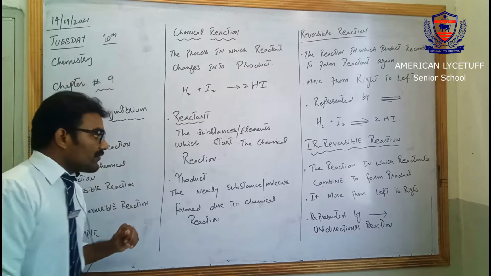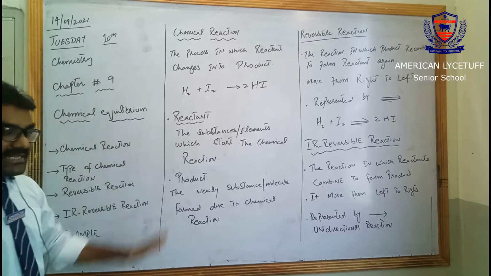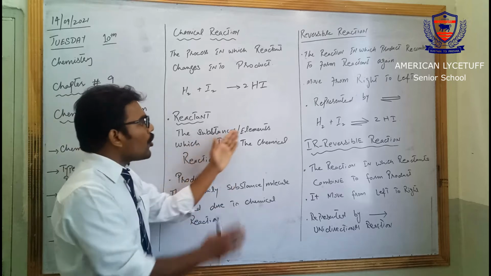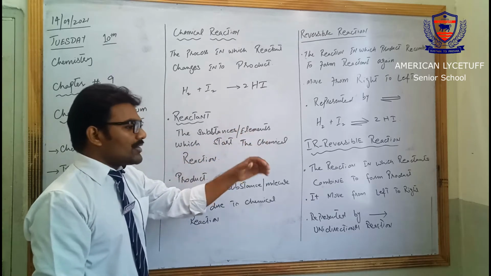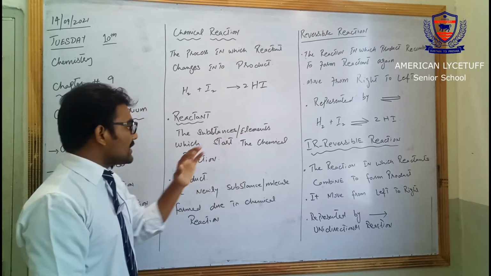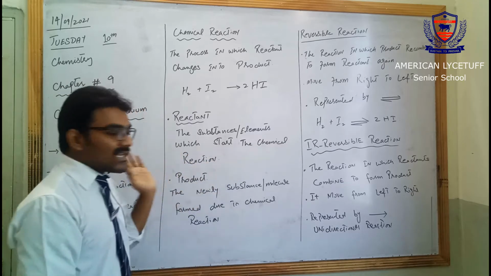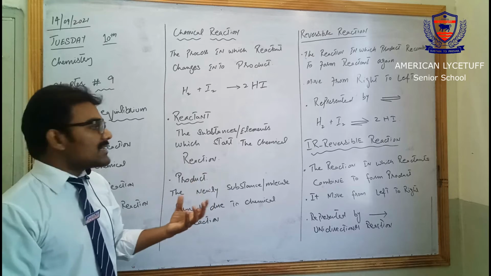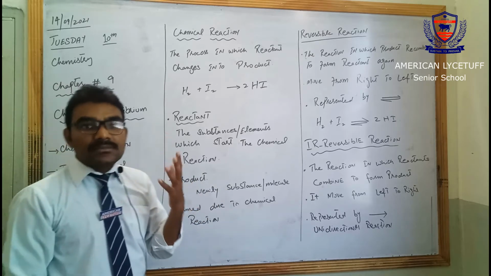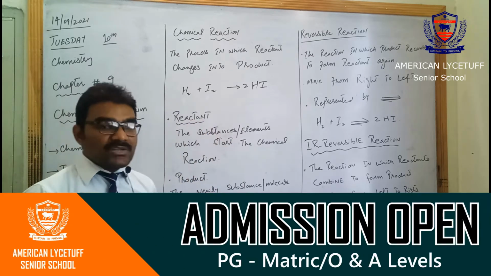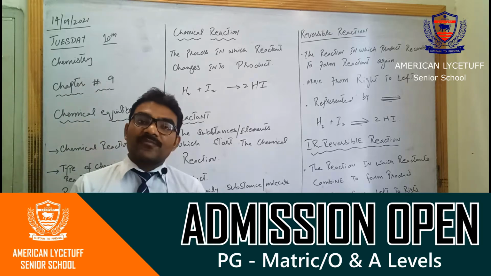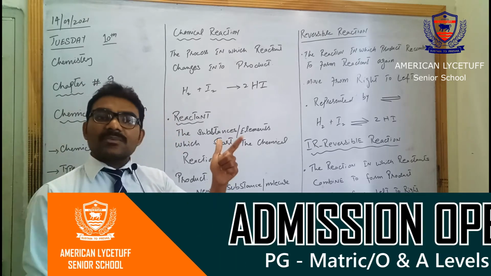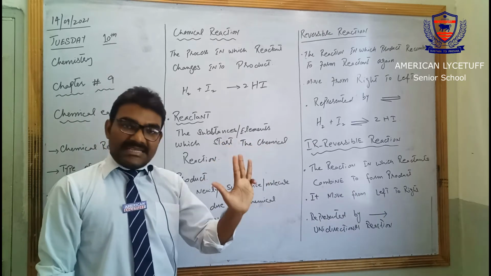So first of all, we will describe what is reactant. Reactant: the substances or the elements or the molecule or ion or anything which are required to start a chemical reaction are known as reactant. Take a common example from your kitchen. How to form tea? In the formation of tea, the reactants are water, milk, sugar and tea leaves.